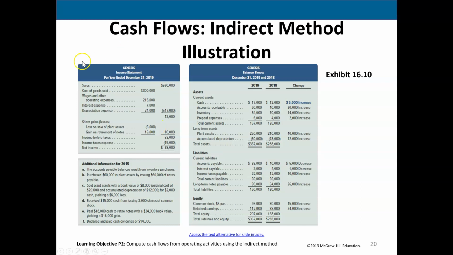Okay, then let's go over here to the income statement. I want to go through a couple of things here. Okay, depreciation expense. What we're working on is the cash flow statement. Depreciation expense is an estimated figure that accountants come up with to estimate what part of the assets has depreciated that year.